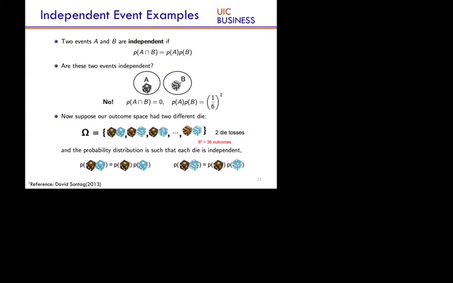Okay. So let's say we augment or expand our outcome space to include the process of 2 dice instead of 1. Then instead of 6 outcomes, we have 36 outcomes, and a probability distribution such that each die is independent. So the probability of getting 1 on the first die and 1 on the second die is the same as the product of the probabilities.